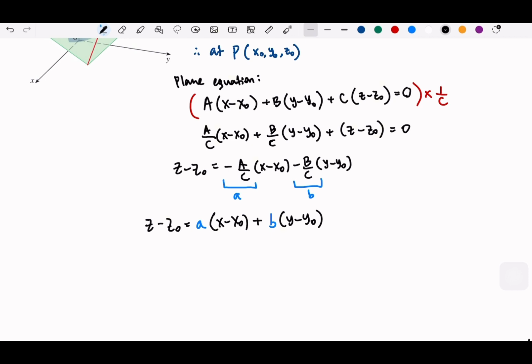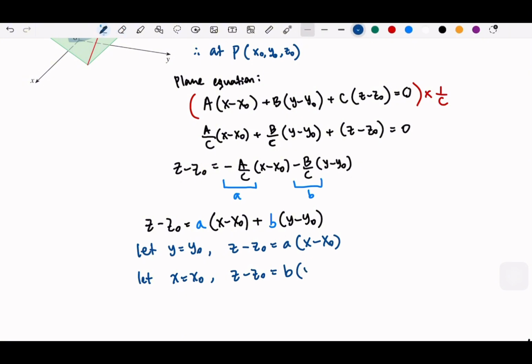Okay, and then let y equal y0. This will give you z minus z0 is equal to A(x minus x0), and the other component will be 0 at y equal y0. And then let x equal x0, which means you have only B for the y component.